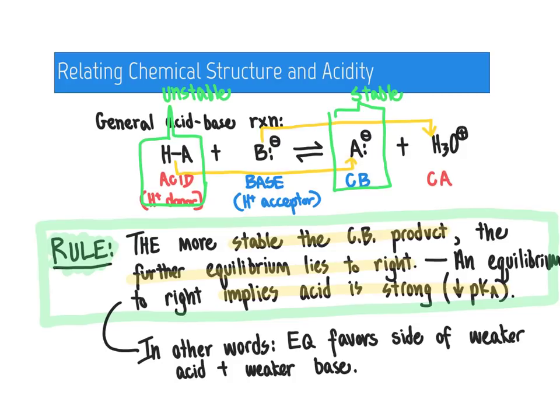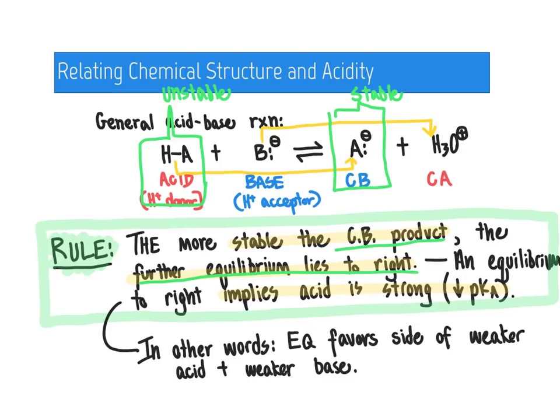So if we're looking at a molecule, we're trying to predict where a proton is going to be lost from that molecule, we want to remove a proton from the acid at the location where the product resulting from that will be the most stable possible conjugate base. And the more stable that conjugate base product, the further the equilibrium of the reaction we've shown up top is going to lie toward the right-hand side.